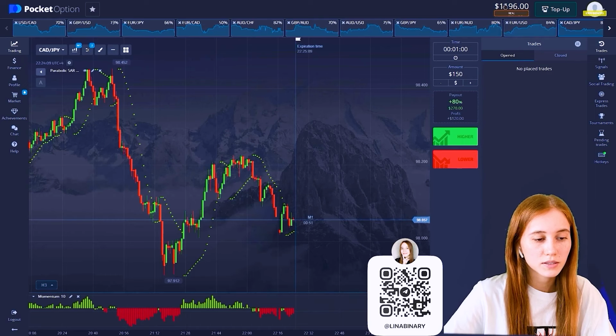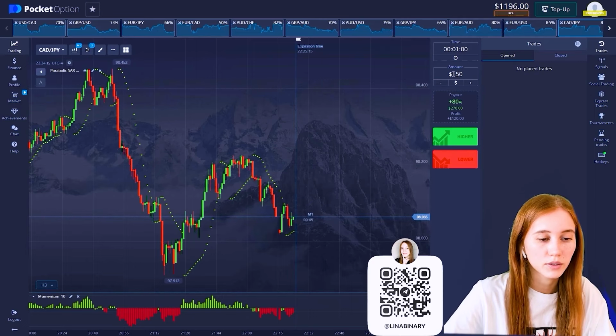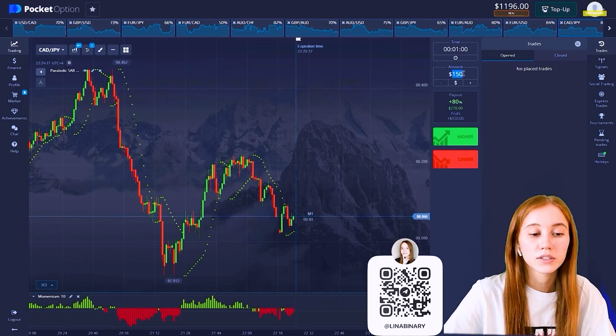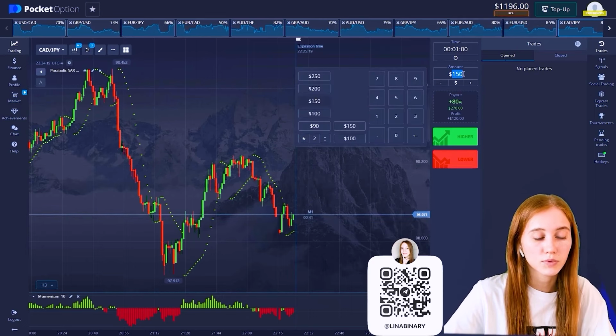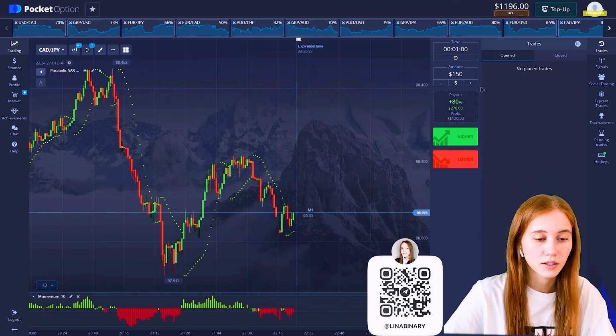So on my balance we see $1,196. The amount of deals was $150, except for the first deal it was $100. Then we increased it.